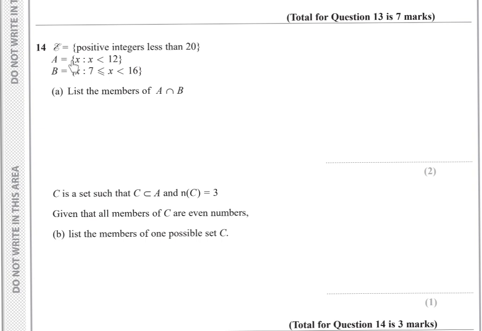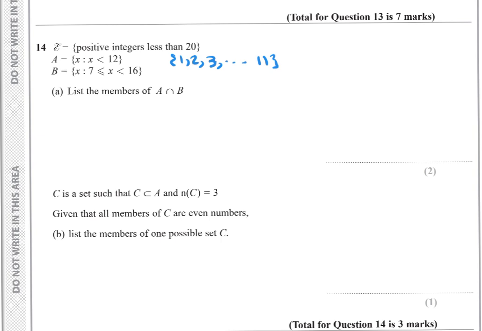Now we can list A first. A is the numbers which are less than 12 but included in the universal set. So all of them positive integers less than 20 and less than 12. So 1, 2, 3 till 11.